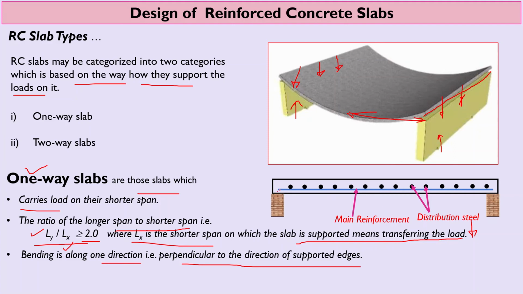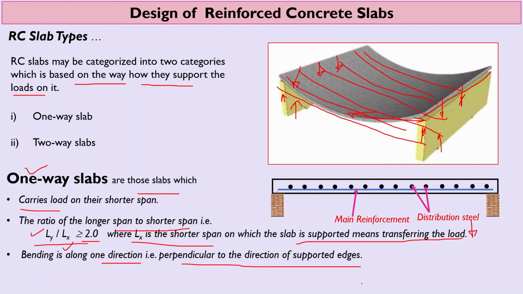You can see there is a blue color line. It indicates the main reinforcement. Here you are supporting the slab, and here also. When you provide reinforcement in this direction, that reinforcement is basically the main steel or tension steel, so we have to design the steel along this direction.